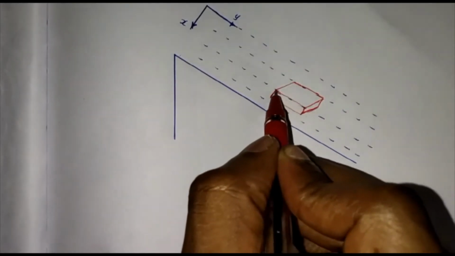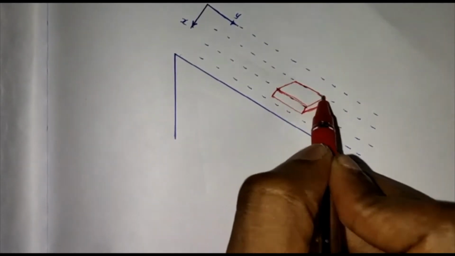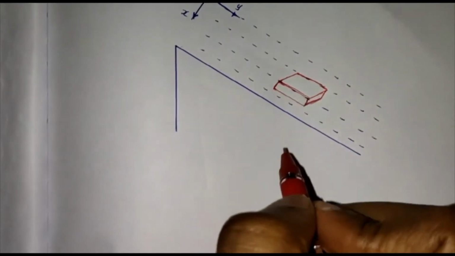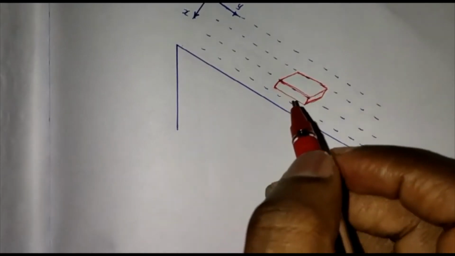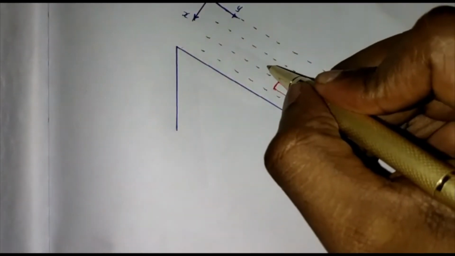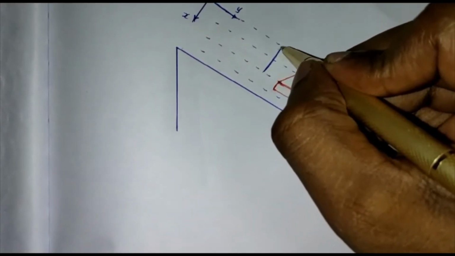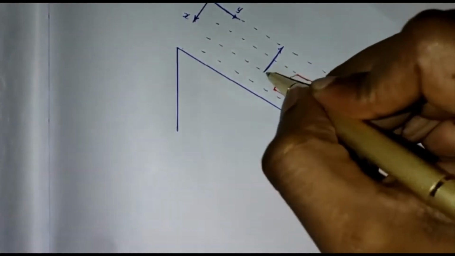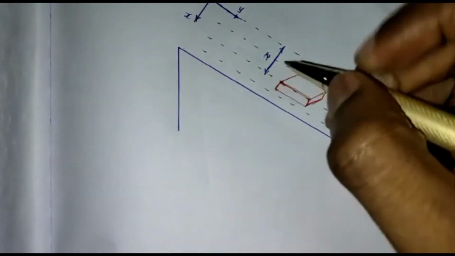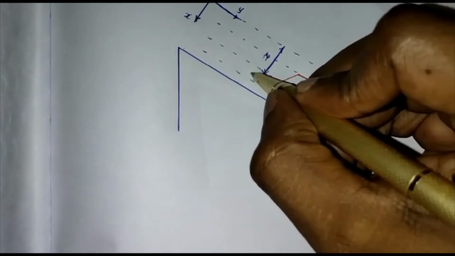So this is the small layer. At a given instant of time, I'm going to localize all my attention on it. Now, this small layer is taken at a distance of x from the top surface. So the distance from the top surface to the small layer is x. Let us say that the thickness of the small layer is dx.